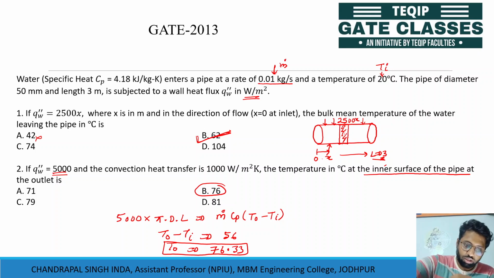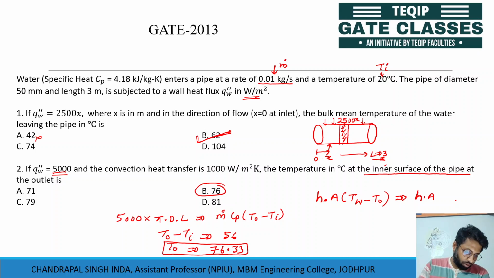Let's see that the heat transferred between the wall and the fluid will be hA into T wall minus T outlet, and that will be equal to the heat flux, which is given, so that will be equal to Q into area.